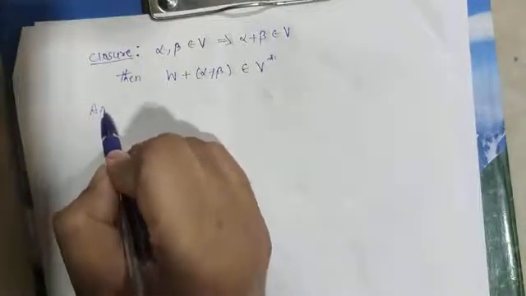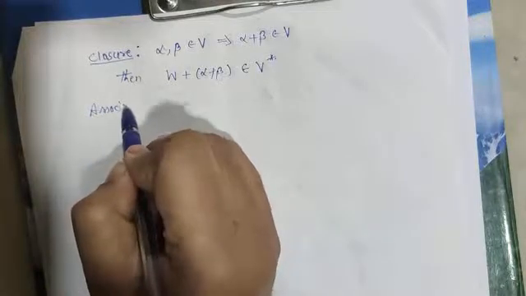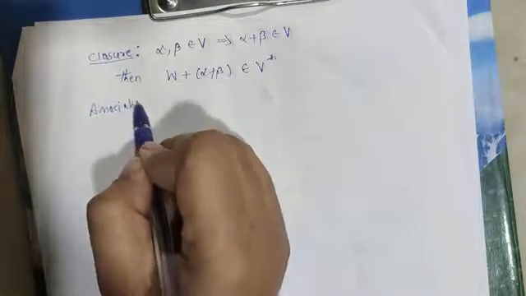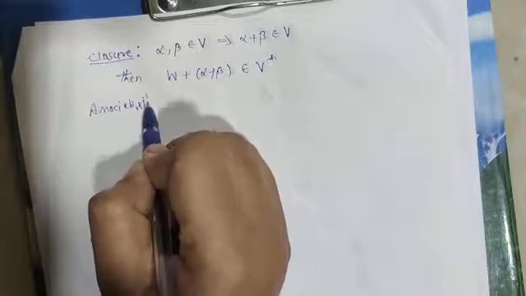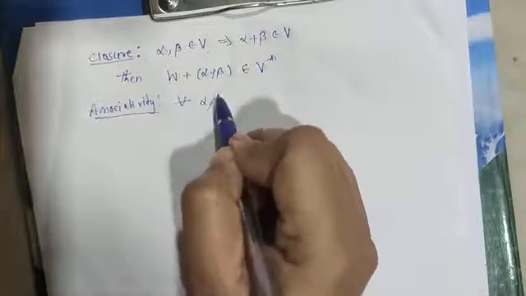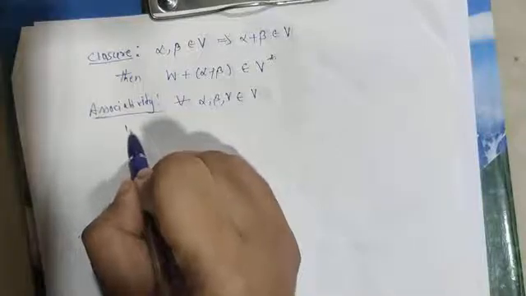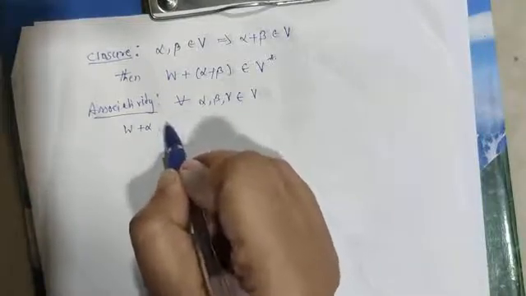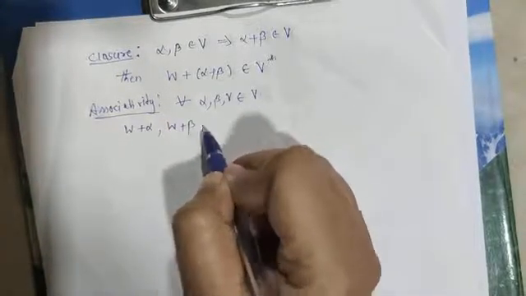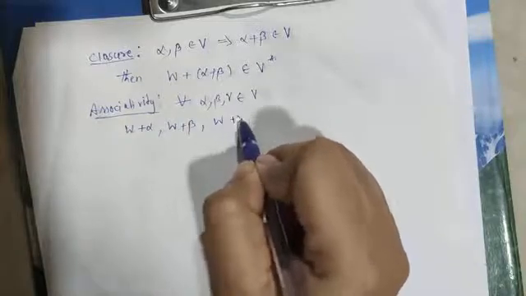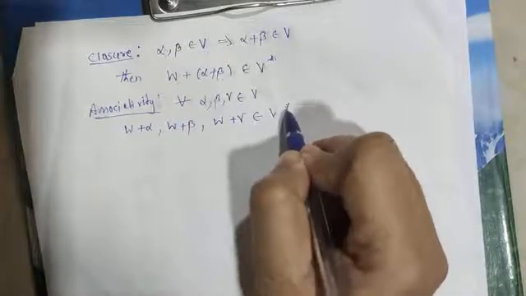Second, associativity. For all alpha, beta, gamma belongs to V, we have W plus alpha, W plus beta and W plus gamma belongs to V star.